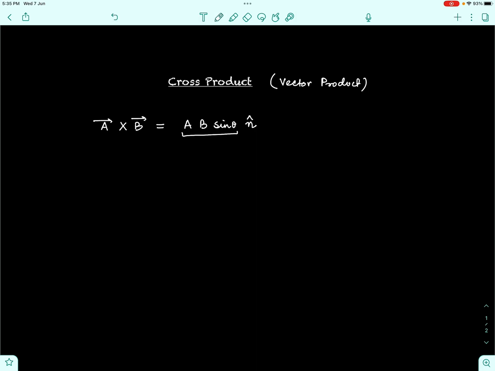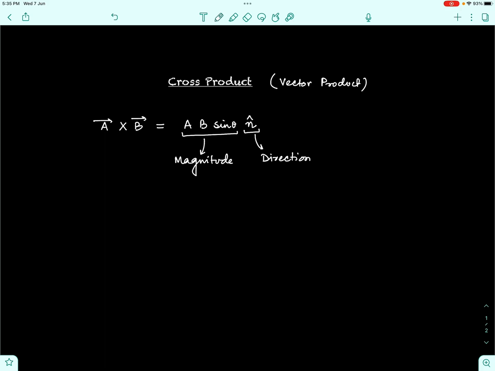A here is the magnitude of vector A, B is the magnitude of vector B, theta is the angle between the two vectors. The new thing here is this unit vector n cap, which gives us the direction of the cross product of vectors A and B. So, this part of A cross B is the magnitude part and this is the direction part.